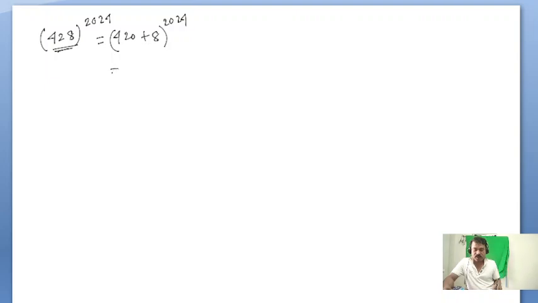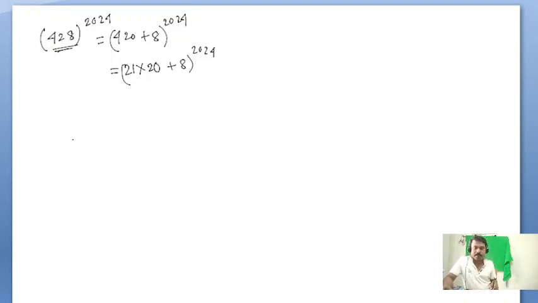Okay. So 428 can be written as (21 into 20 plus 8) whole to the power 2024.